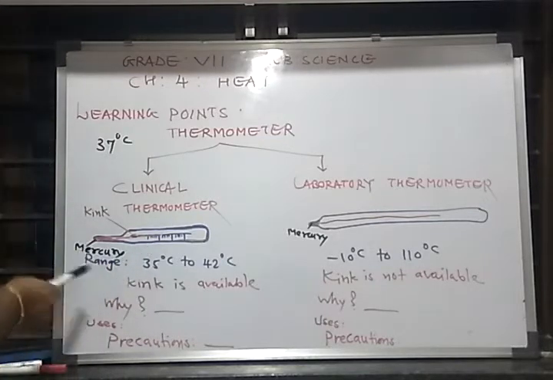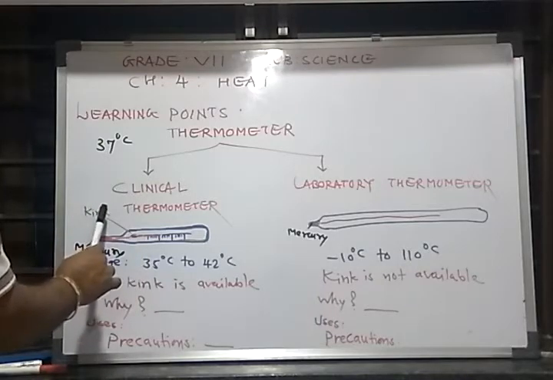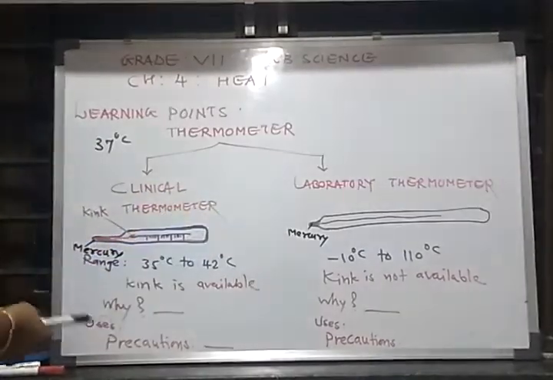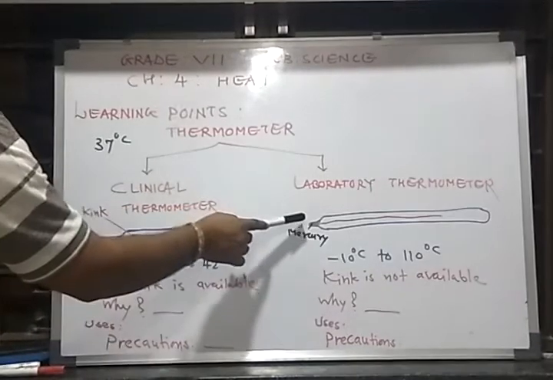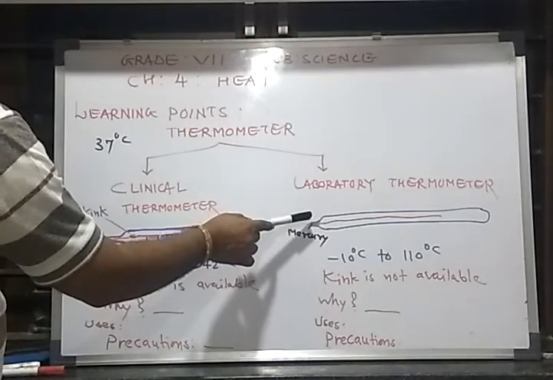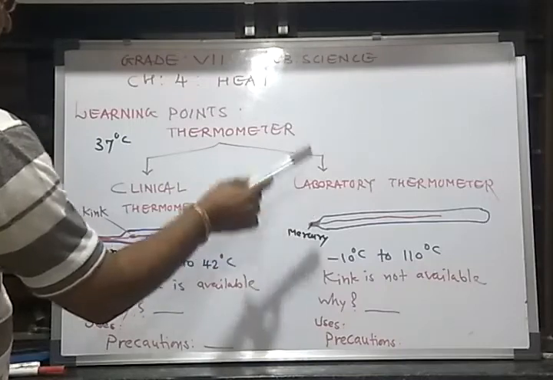Here again I am telling you the main point of the clinical thermometer and laboratory thermometer that we have seen. This thermometer is used to measure the body temperature. Here it is used to measure temperature during experiments in the laboratory.